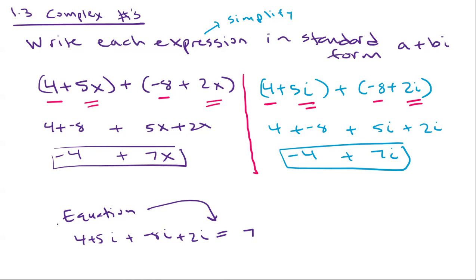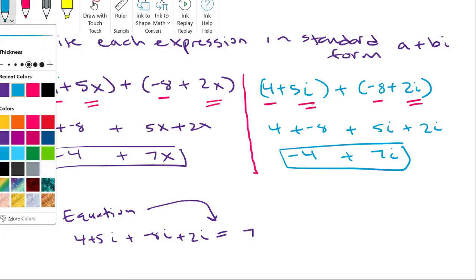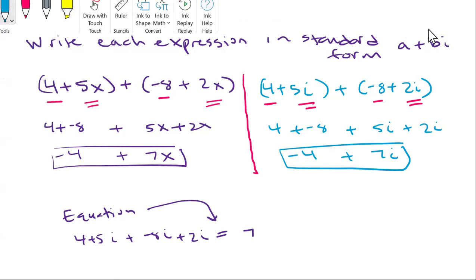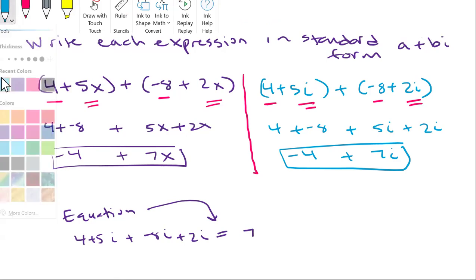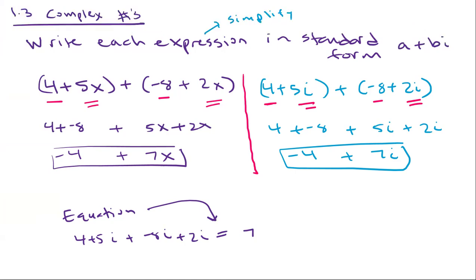Also, I just want to make a note. It says in standard form. Standard form is a plus bi. So it can be, in this case, negative 4 plus 7i. It can be negative 4 minus 7i.